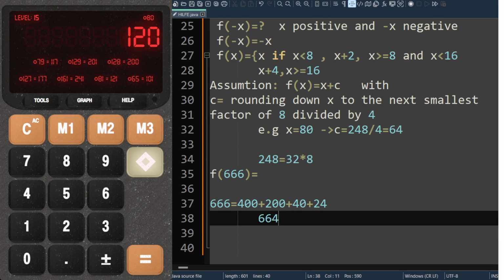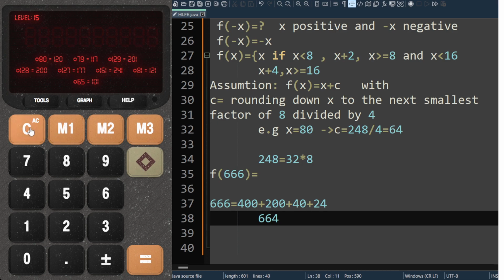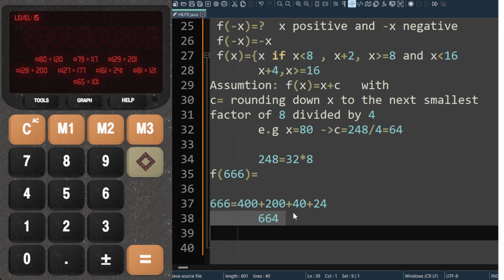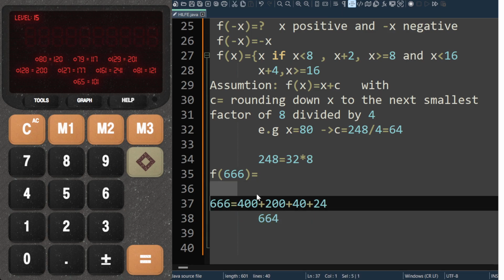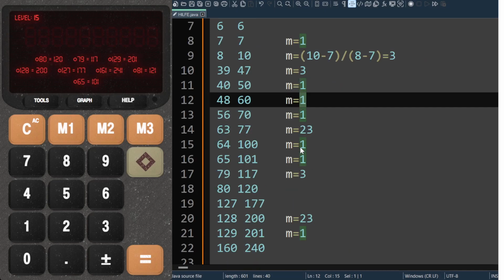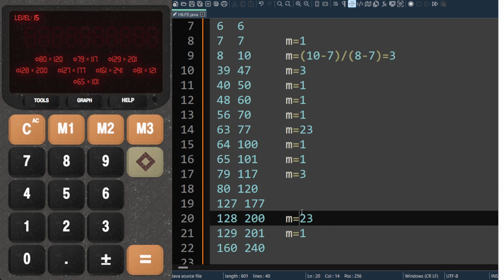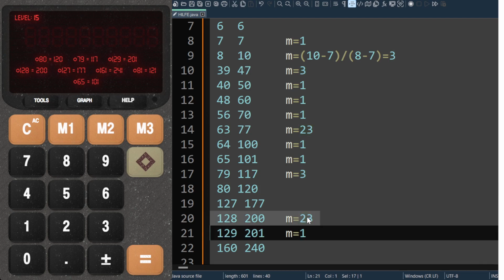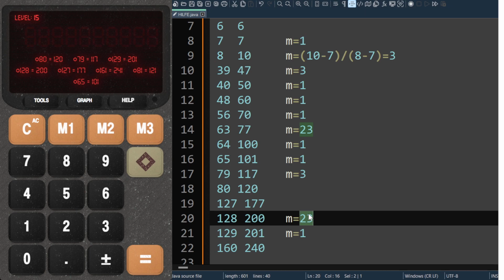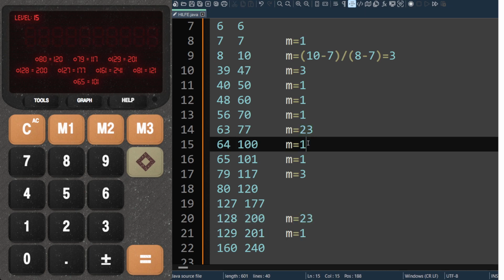So if you figure out what 660, I mean, we don't even have to go this far. Yeah, no, we don't have to go this far. We've already figured out most of the stuff that I needed to know. So every time we have an increase of 64, we increase our number by 23.